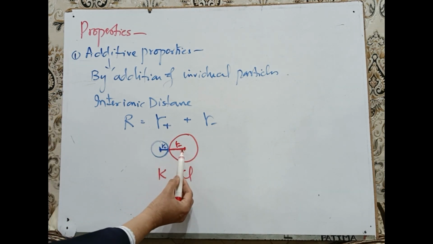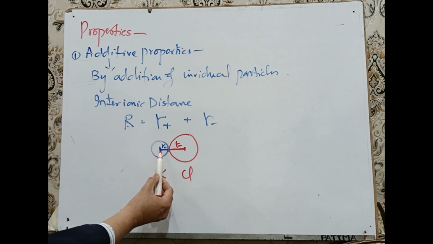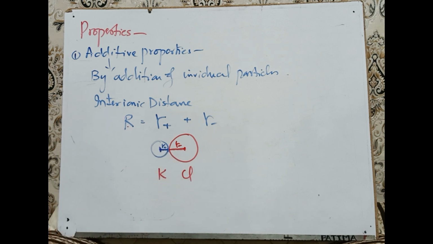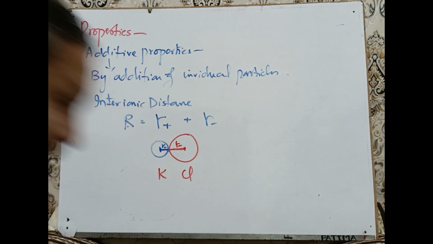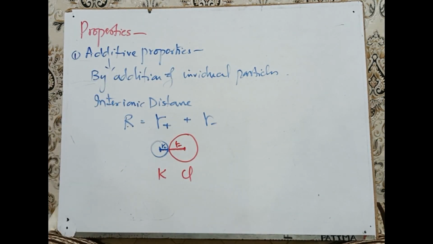The total distance between the two ions, that is interionic distance, will be the sum of the cationic radius and the anionic radius. Hence, interionic distance is an additive property.